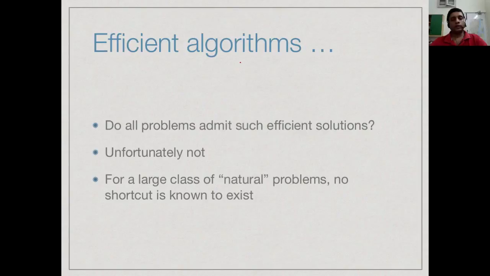Now, unfortunately, this ideal world is not actually the way the world is. There are many problems for which efficient algorithms don't exist or are not known to exist. And unfortunately, many of these problems are extremely important practical problems.